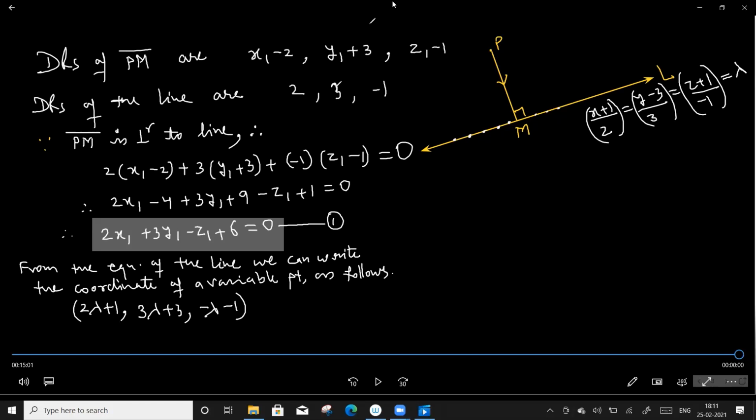This gives us the coordinates of a variable point on the line. Here I made a mistake: this is 2 lambda minus 1.